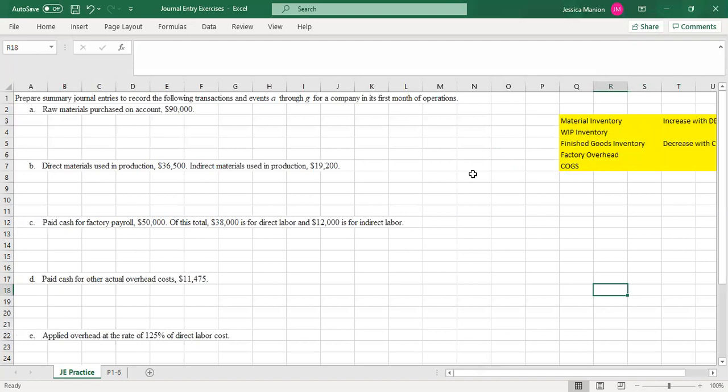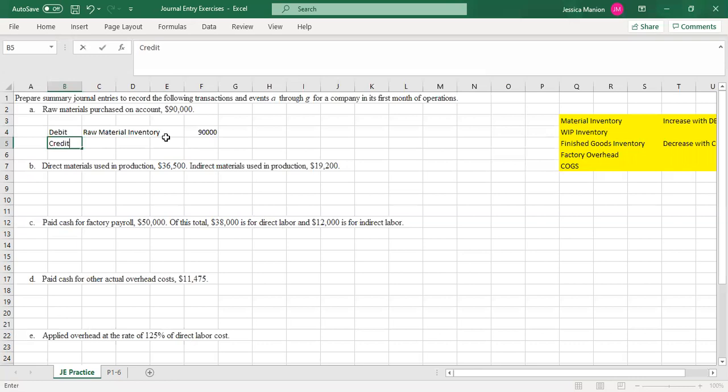So anyway, prepare summary journal entries to record the following transactions and events A through G for a company in its first month of operation. So letter A, raw materials purchased on account, 90,000. So we're going to debit raw material inventory, 90,000.